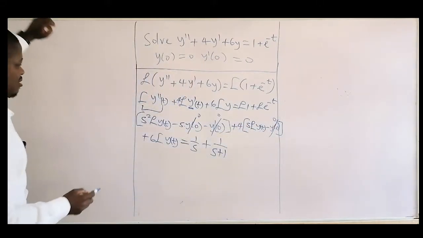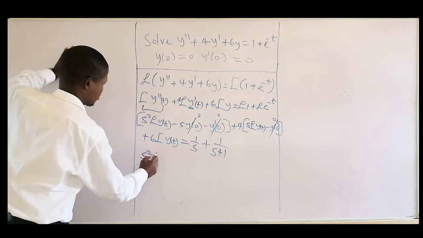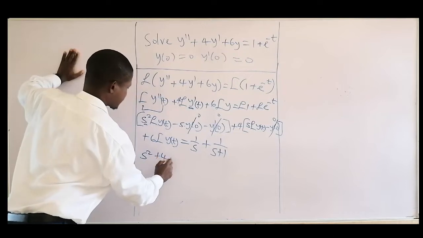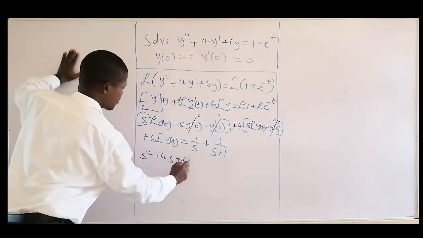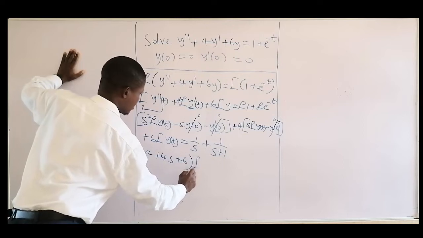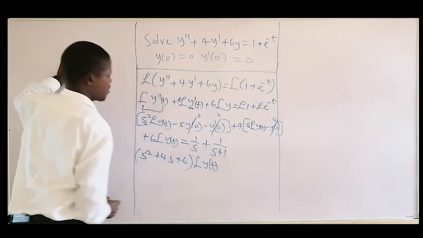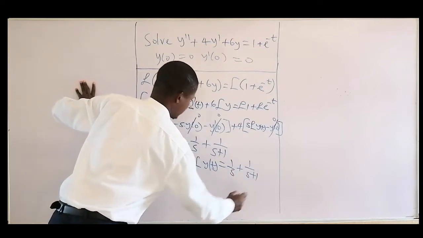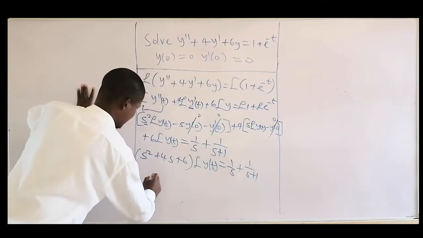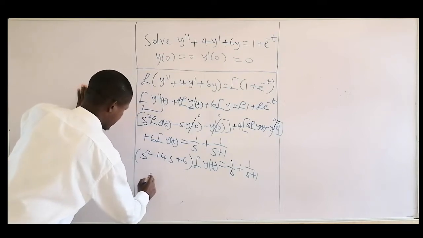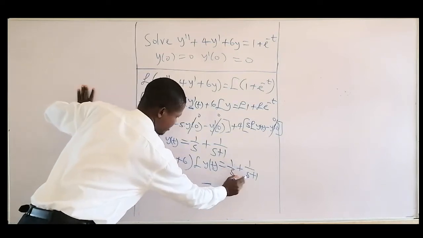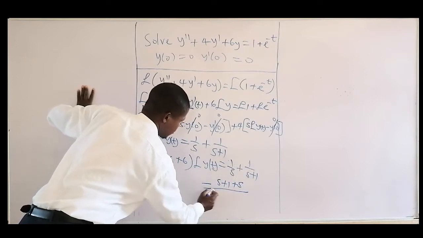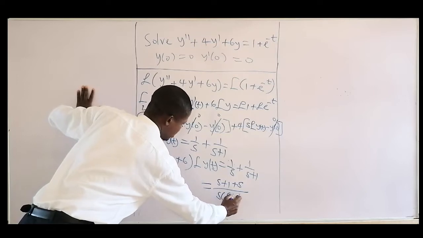So we can factorize the Laplace from the equation. We have s squared, followed by 4s, followed by plus 6, times the Laplace of y of t, equal to 1 over s plus 1 over s plus 1. We can combine this: this one times this one, that's s plus 1, this one times this one plus s, all over s into bracket s plus 1.